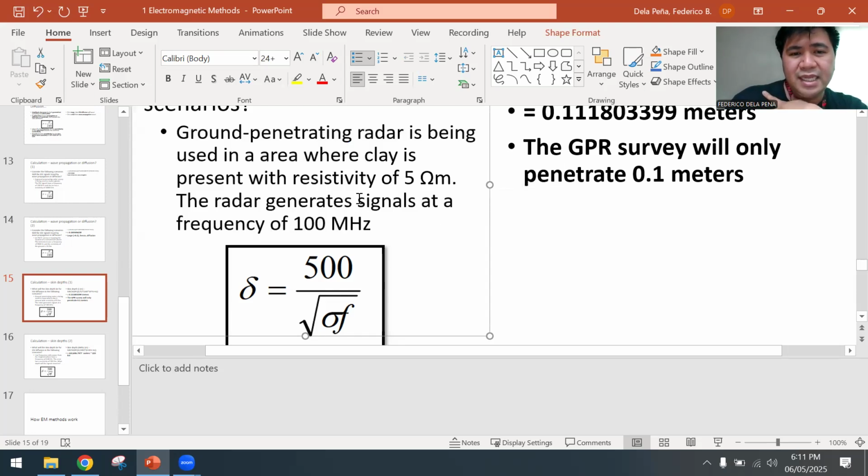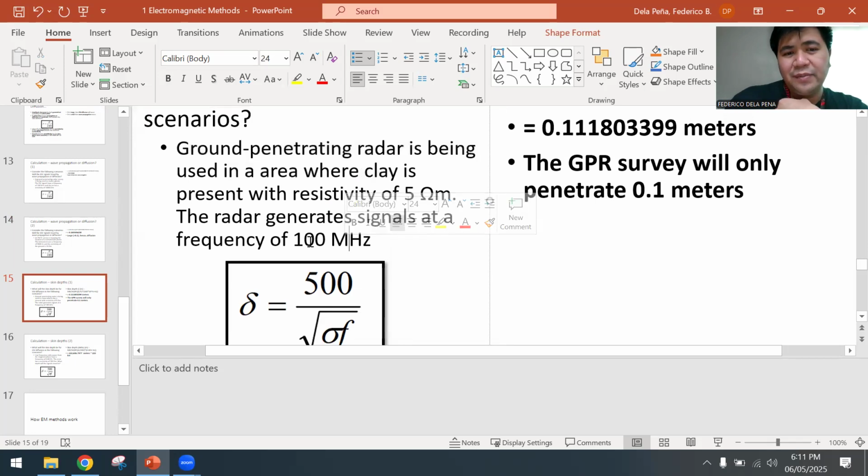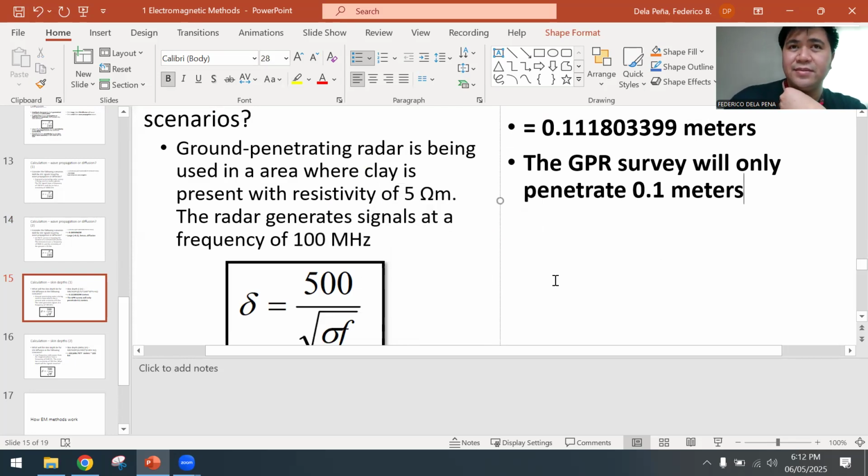The GPR has a frequency signal of 100 megahertz. In GPR, 100 megahertz is one of the lowest frequencies you can get. You can go as high as usually 1,000. It's super shallow. 100 megahertz is supposedly the deep signal.